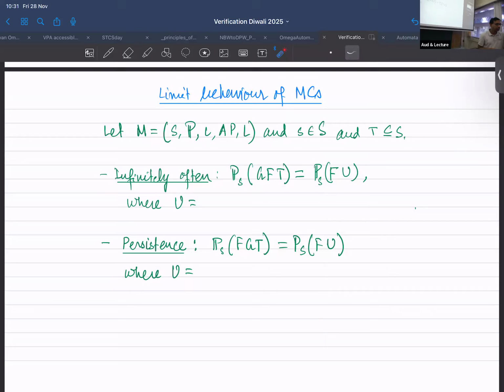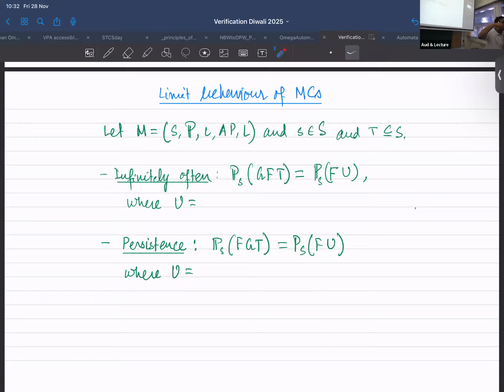The bottom strongly connected components which have some intersection with T. There may be some states of T which are outside any of the bottom strongly connected components, and there may be some path which will visit those states infinitely often.